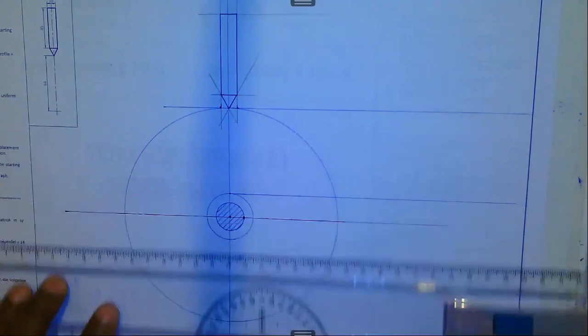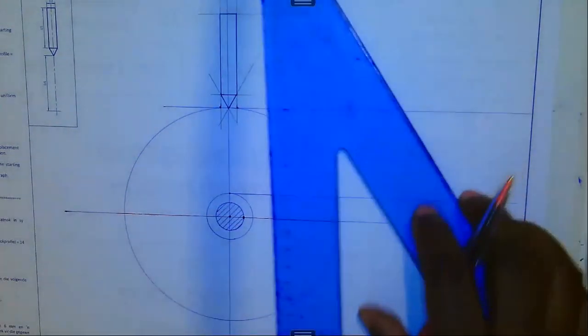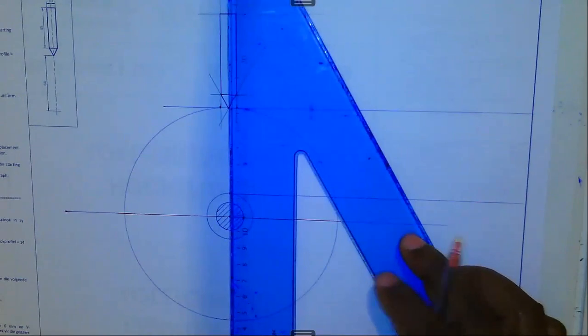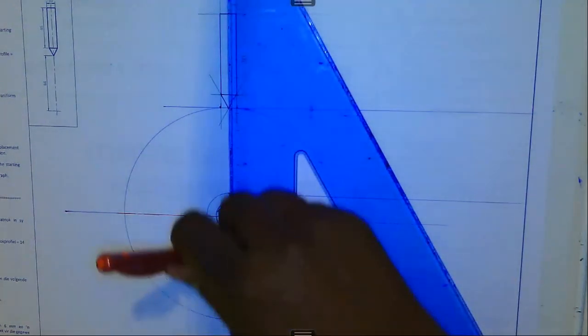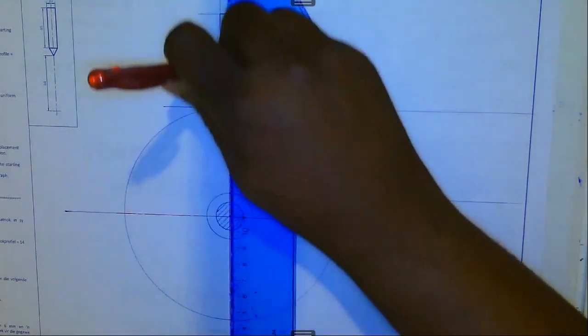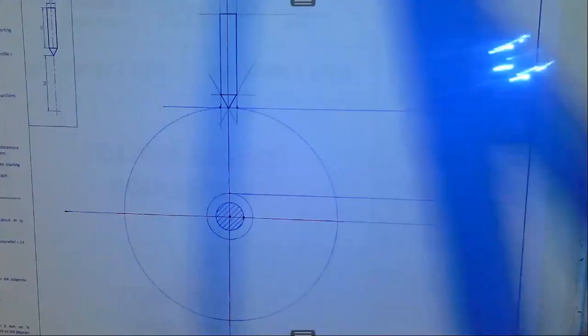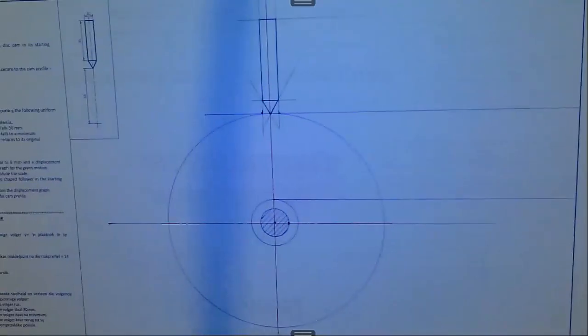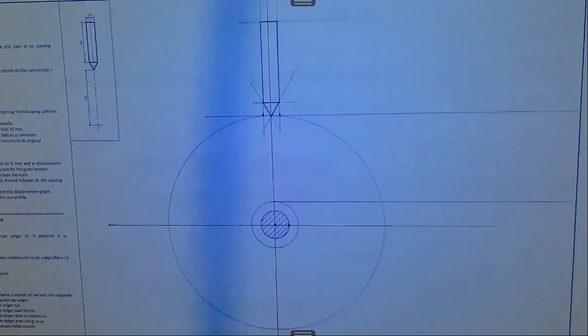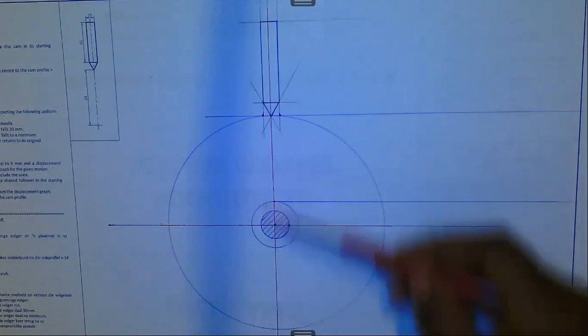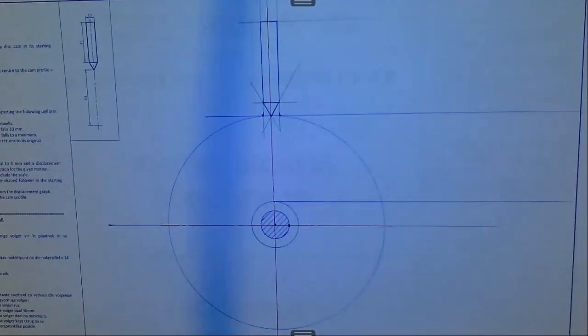That's the center line. That's the center line as well. From here to there, that's also the center line.